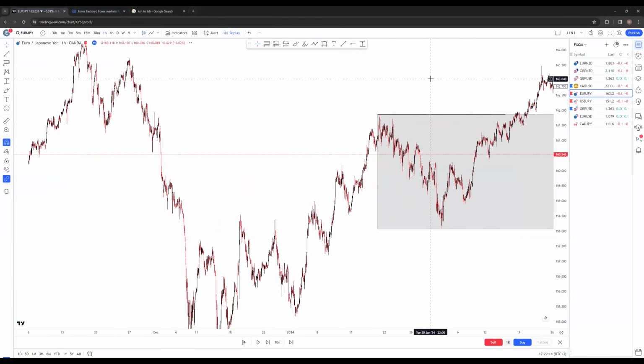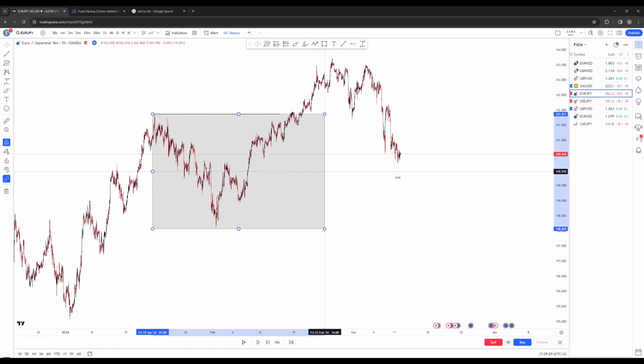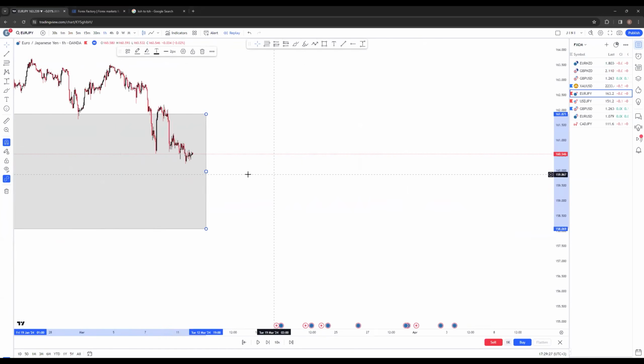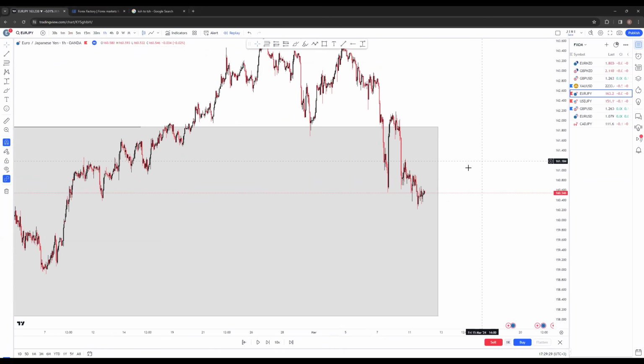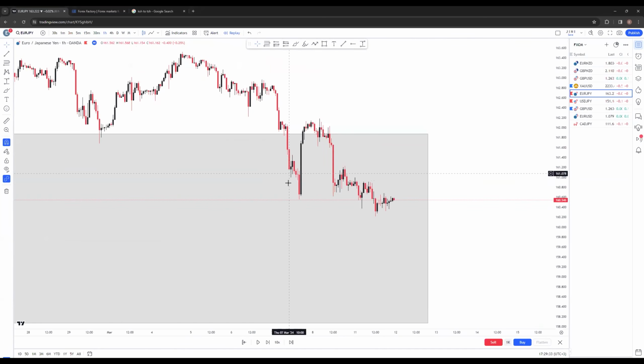So this was our daily area of liquidity that we marked early. What we have to see is that after the market reaches this point, the price changes and breaks the market structure. As you can see here, for the first time price reaches and then changes the character at this point in the 1 hour time frame.